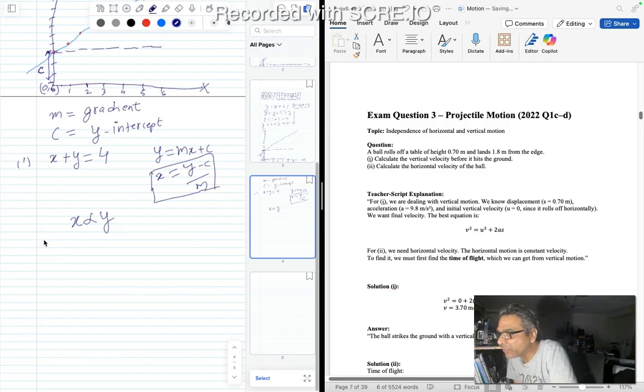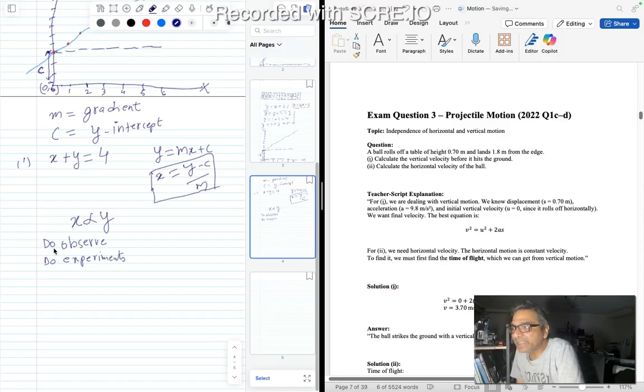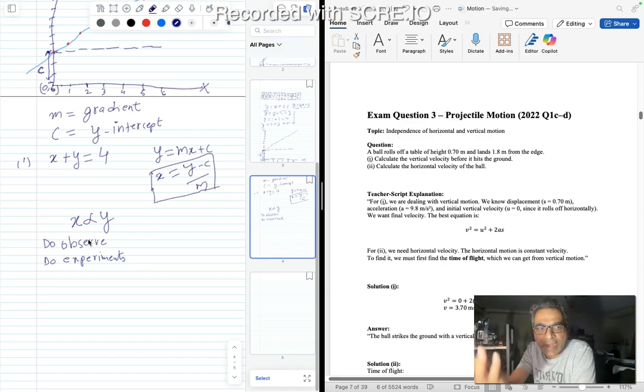They do observe, then they do experiments, and you will see this kind of thing throughout physics, right? Whenever we are facing some formula, there is a rule or a theorem related to a scientist, and how they have come up with that particular relationship or formula.